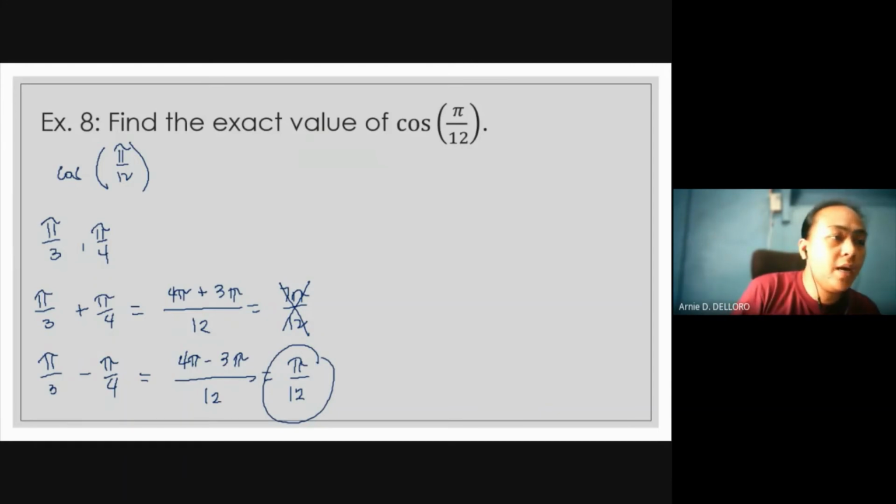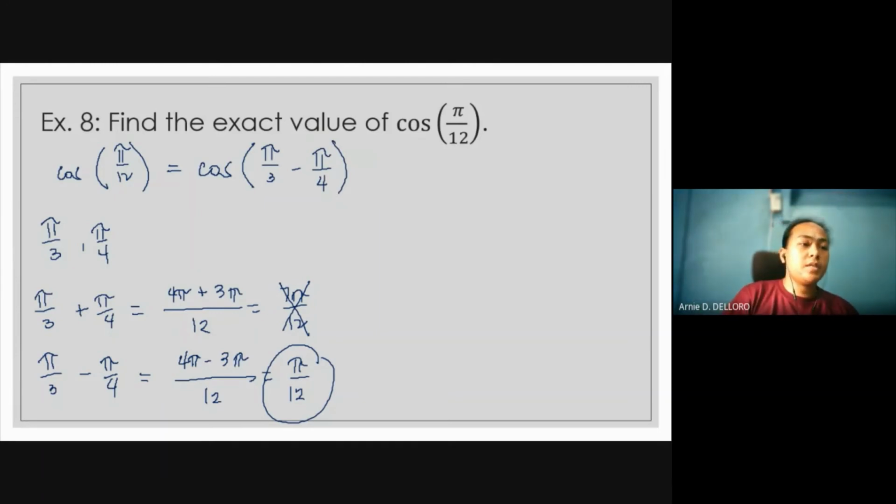So ibig sabihin, we can express cosine pi over 12 as cosine pi over 3 minus pi over 4. Okay? So let me just erase some of the solutions.